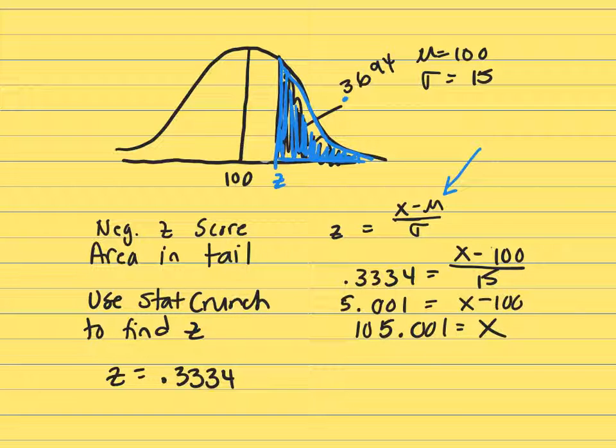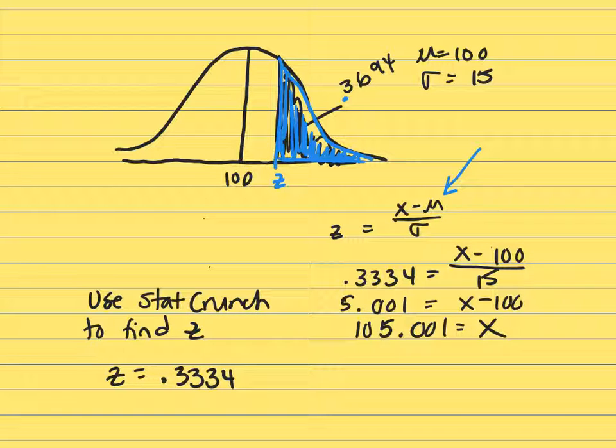So I use StatCrunch, and I clicked on Stat, Calculators, Normal. Down at the bottom, I changed it to a greater than or equal to.